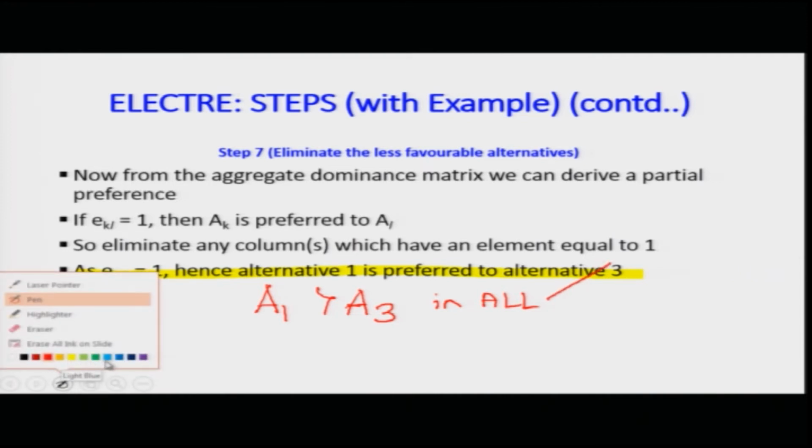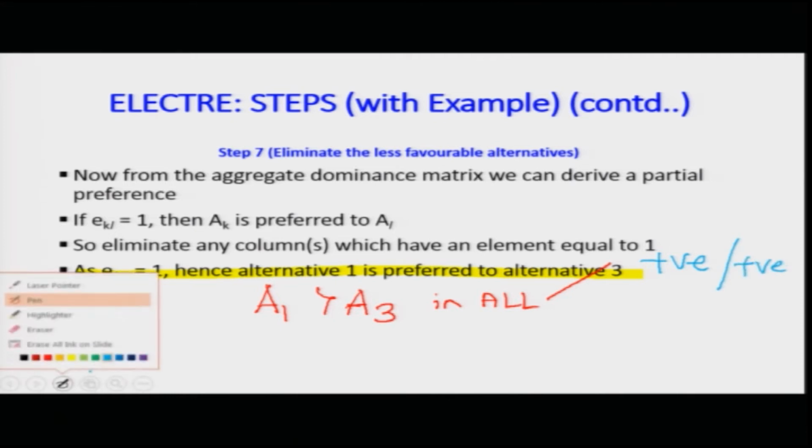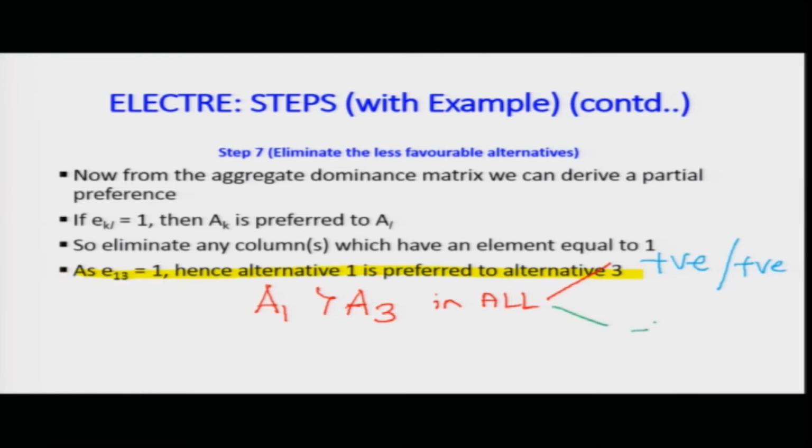I will use the terms: in the sense that positive was positive, positive was good, hence I took it. I am using the green color. So, negative was also negative, so hence good. That means, it is not minus minus is plus. So, I have taken the wrong decision and it is really good in the negative sense. I have taken the positive decision, it is really good in the positive sense.